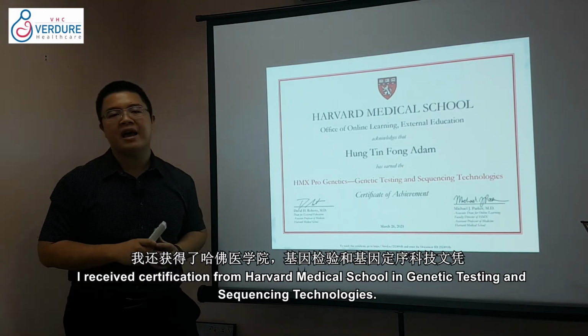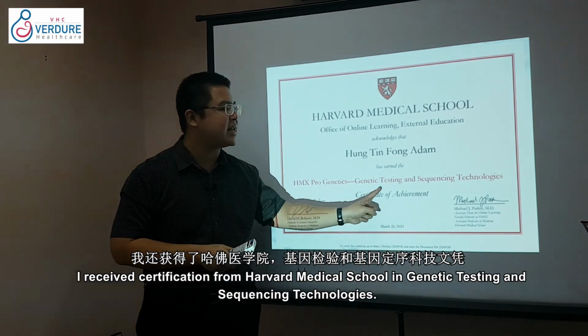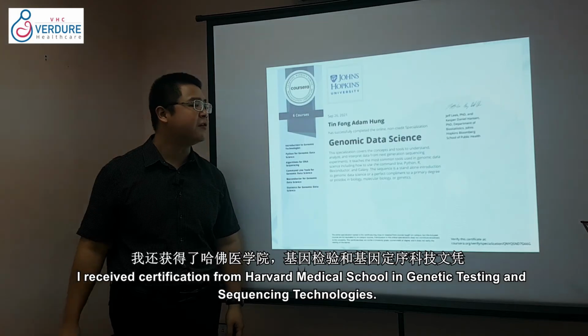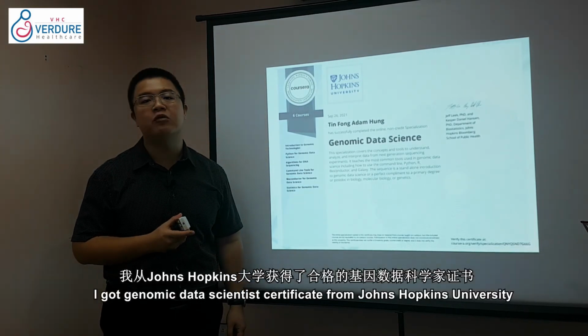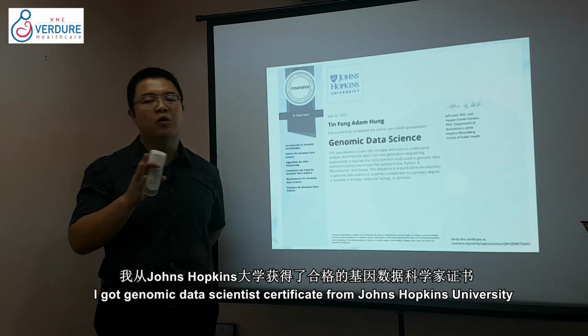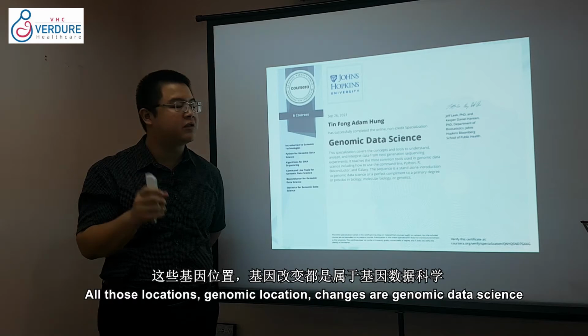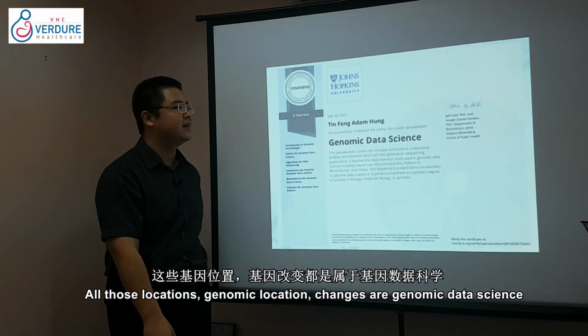So for that, I have further studied in Harvard Medical School, specifically in genetic testing and sequencing technology. Furthermore, I have been certified by Johns Hopkins University with genomic data science. So all of those locations, genomic changes, transcript, they are all about genomic data science.